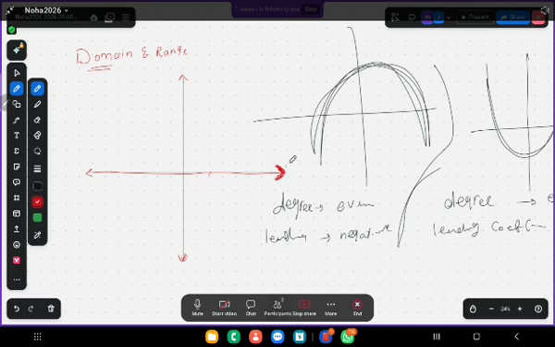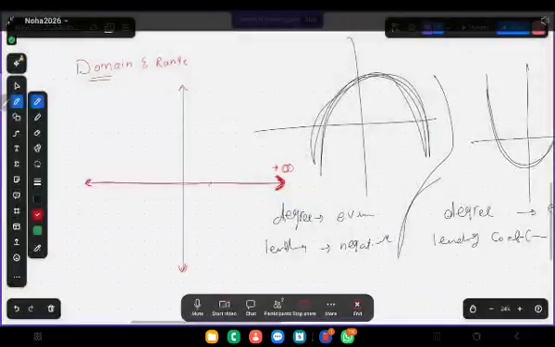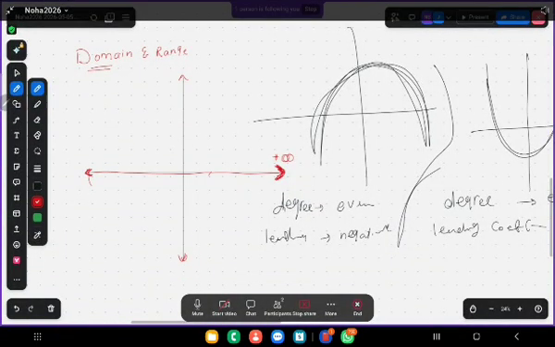Positive infinity. Yeah, infinite positive. And this arrow direction means what? Negative infinity. Yeah, very good. And of course, it's the same here, up and down, but it doesn't matter here. Just stay with me about that.